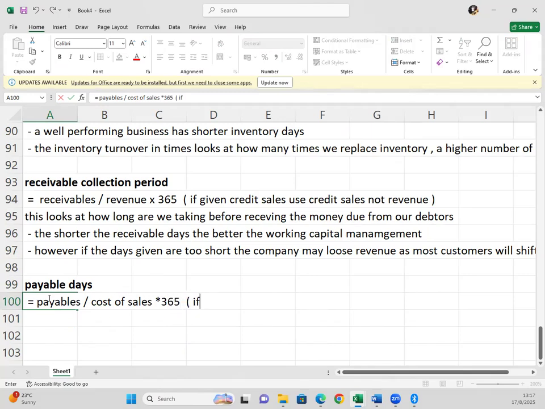If given credit purchases, we use credit purchases, not cost of sales. That is if given. But in most cases you won't be given.